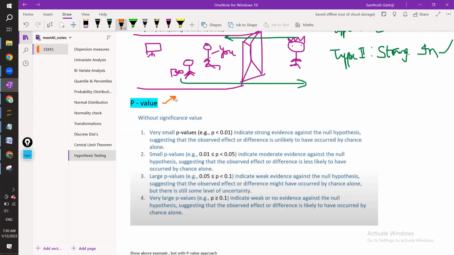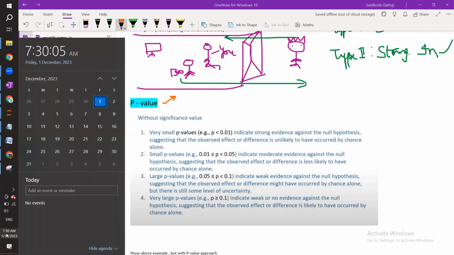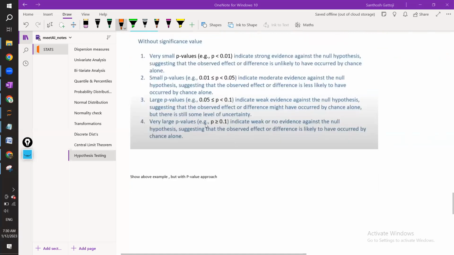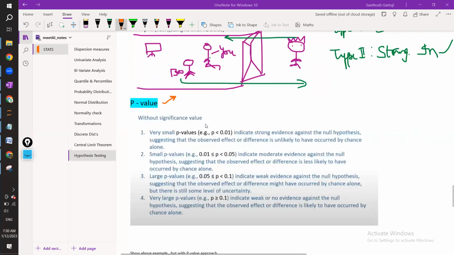So I would say tomorrow. You can join tomorrow, right? Yes, sir. Okay, so tomorrow we are going to discuss p-value and understand it with some examples.